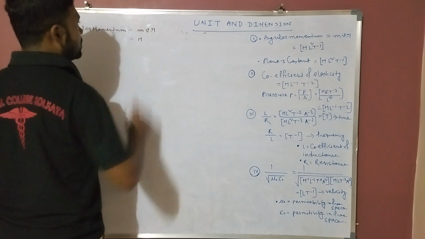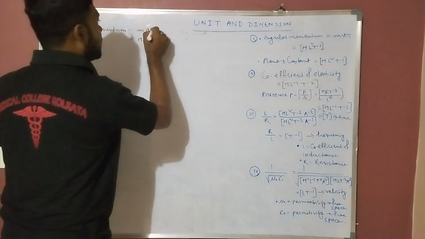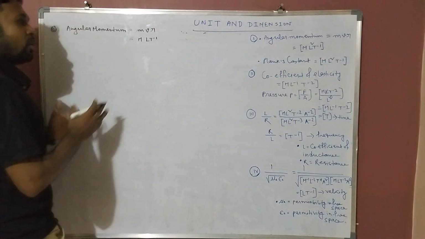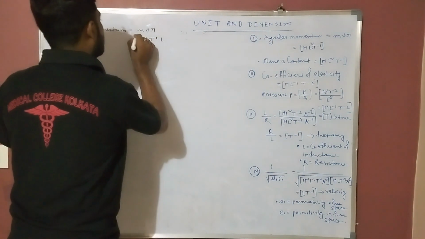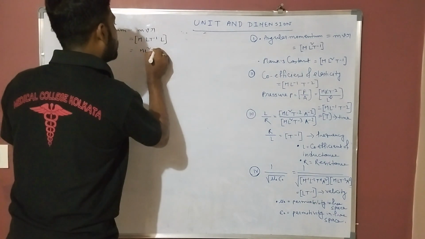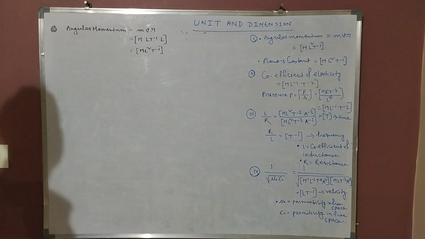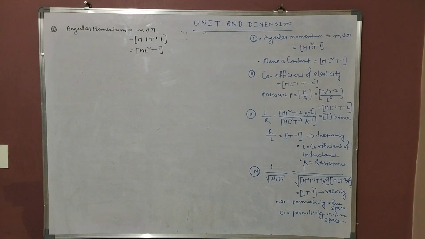This is mass, this is velocity L t to the power minus 1, and this is radius, which is also length L. So m L square t to the power minus 1. This is the dimension of angular momentum.